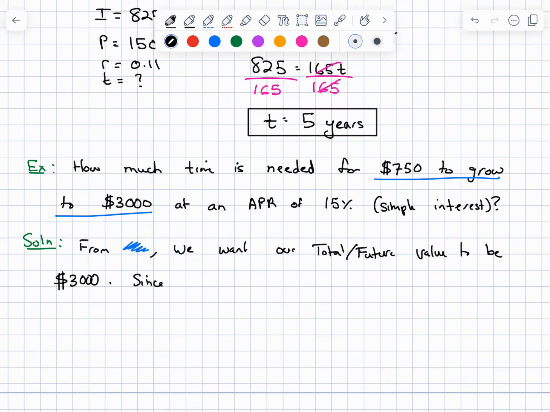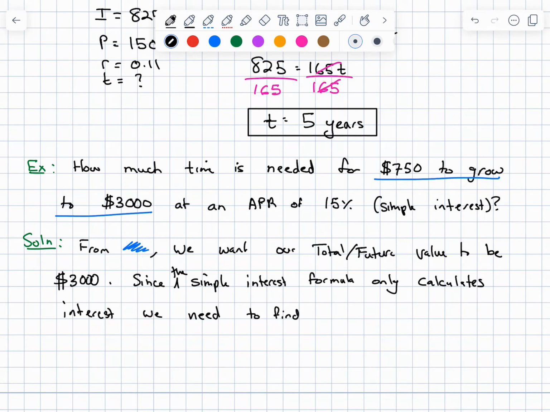Since the simple interest formula only calculates interest, we need to find that first because it didn't give us the interest.